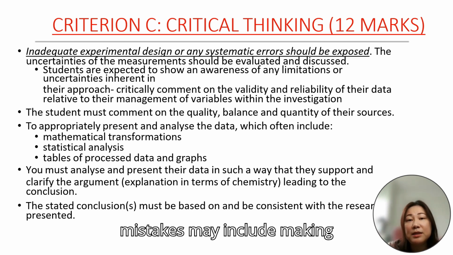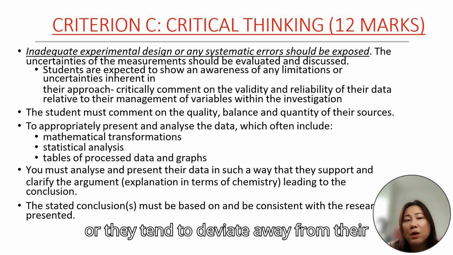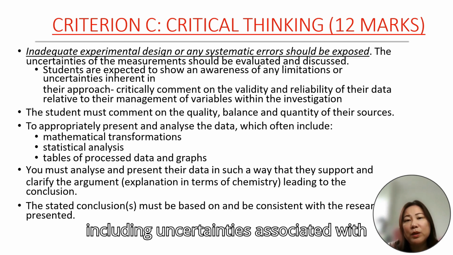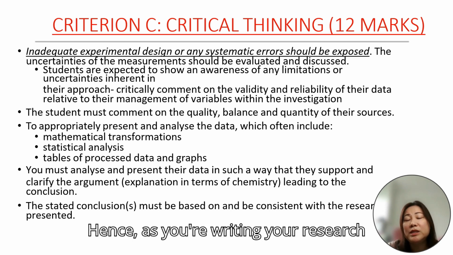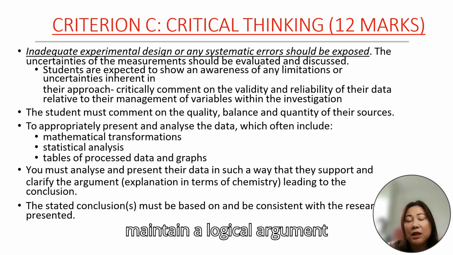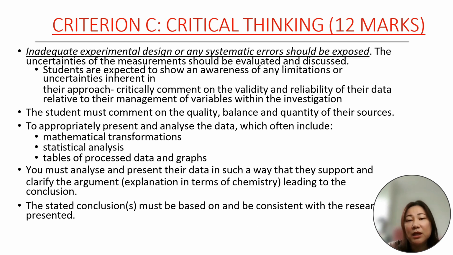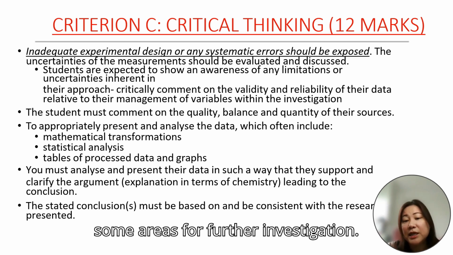Some common mistakes may include making unsubstantiated claims, or they tend to deviate away from their research question and not including uncertainties associated with their experiment. Hence, as you're writing your research paper for your extended essay, maintain a logical argument that is linked to your research question and critically evaluate your research and discuss the limitations as well as some areas for further investigation.